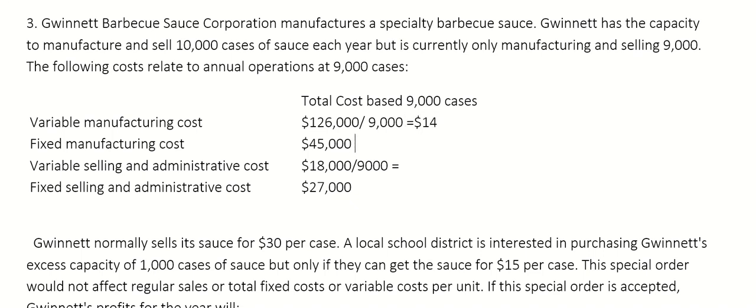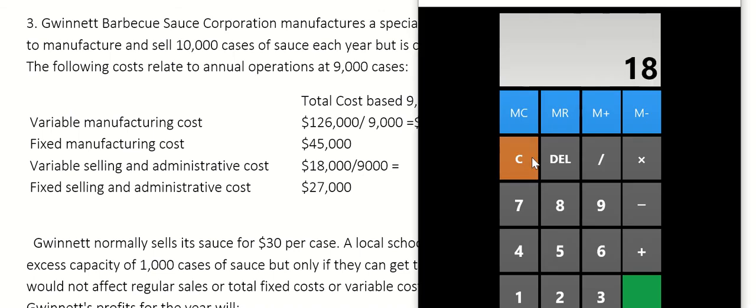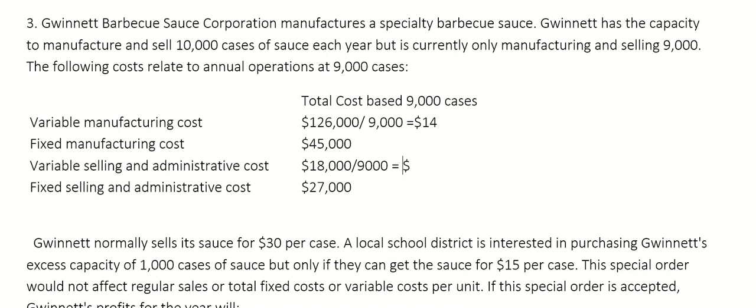This is fixed, so you can keep this on a total basis. And the variable 18,000 divided by 9,000 will be $2. And so these are what are relevant, because we said if we have the capacity, fixed costs are covered, they're not relevant.